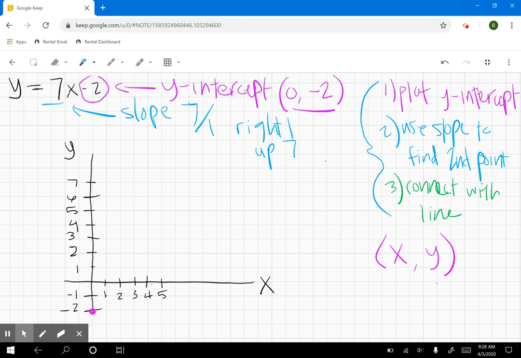Now I'm going to use the slope to find a second point. Again, our slope is 7, so that means for every 1 unit we go right, we're going to go up 7. Okay, so if we go 1 right, we're on the 1 on the x-axis. We go up 7, we're going to land right here.